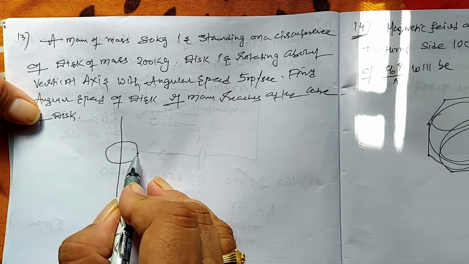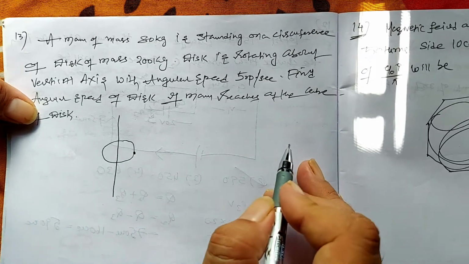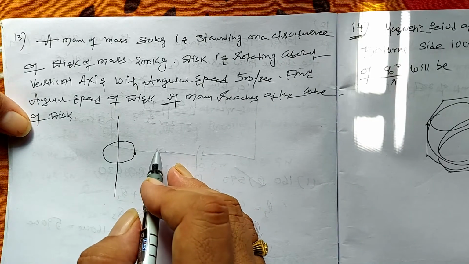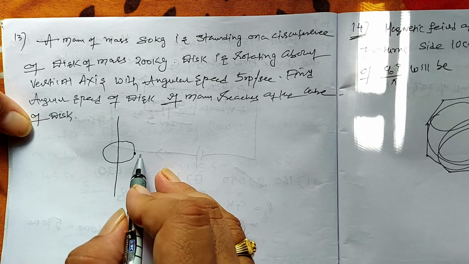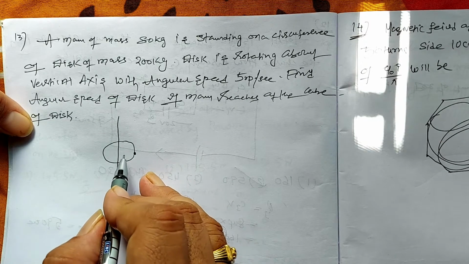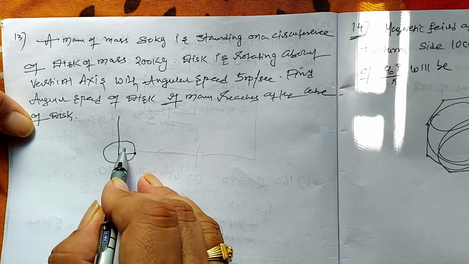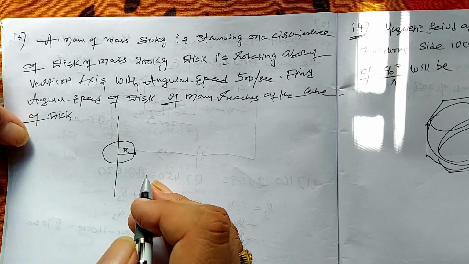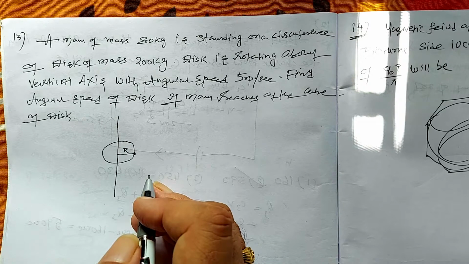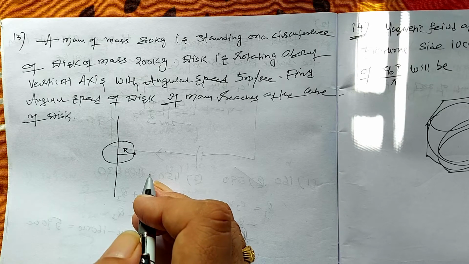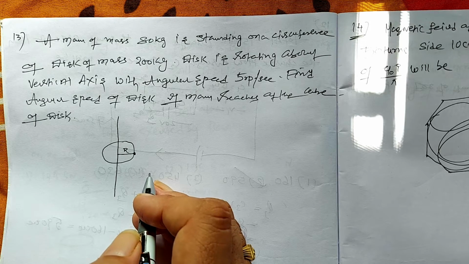Here a man is standing at the circumference of the disc. So, this is the radius of disc. Now, we want to find the angular speed of disc if man reaches at the center of disc.